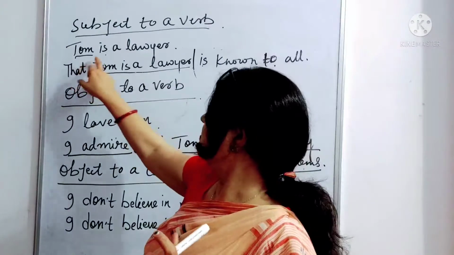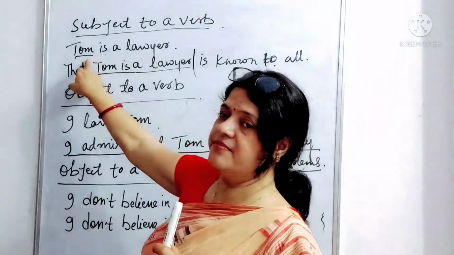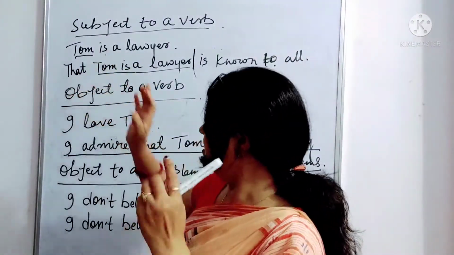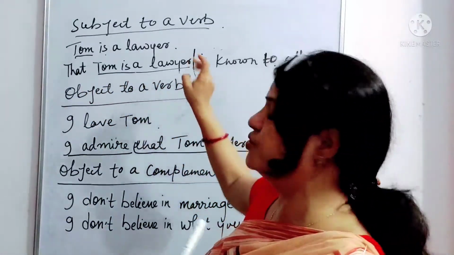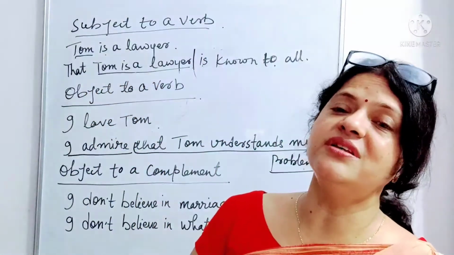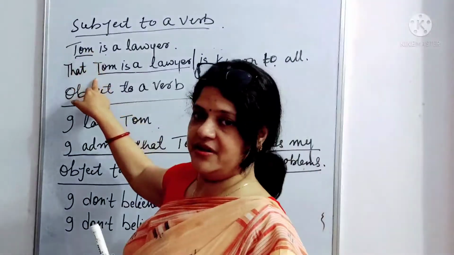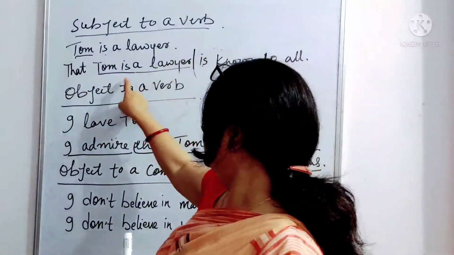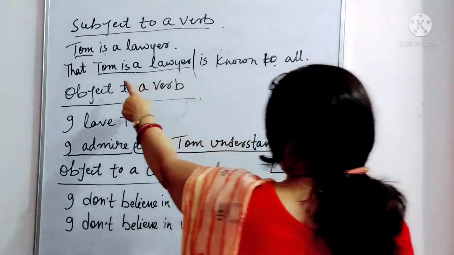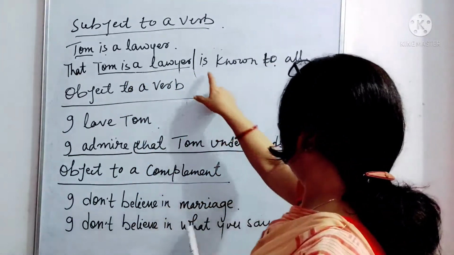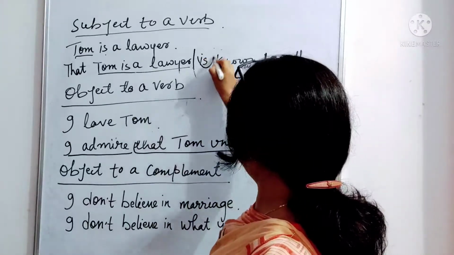As we see, in the first sentence this Tom is a subject to this verb. Here again in the same sentence, this whole part also does the same work as the first part. So that Tom is a lawyer is known by all. So this clause is a subject to this verb is.